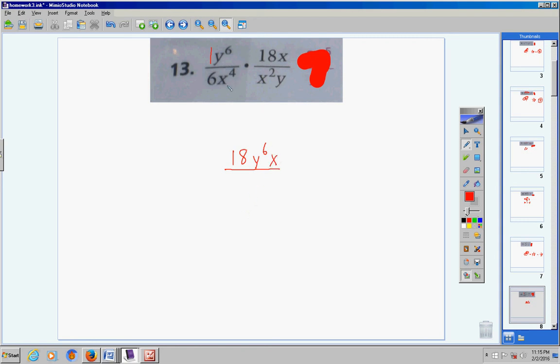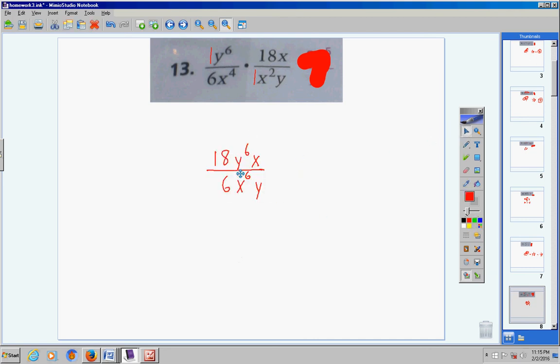Now on to the bottom, the denominator. There's a 1 here, so 6 times 1 is 6. X to the 4th times x squared, like bases. Write the base once, add your exponents. There's a y here, no y over here to multiply, so we'll put a y. There we go. Now let's simplify, okay?